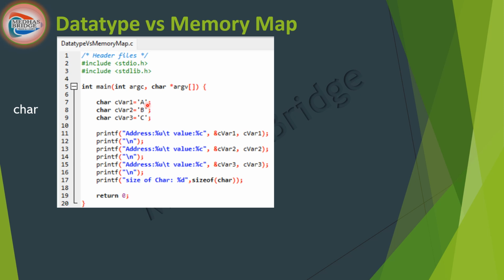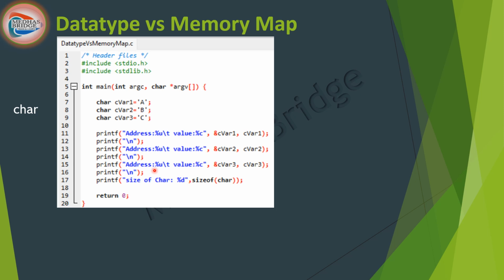What we are trying to do here is print both the address and the value stored in that variable. We are doing this for three variables, and then the last statement, line number 17, is sizeof char. So this is what we're going to see.